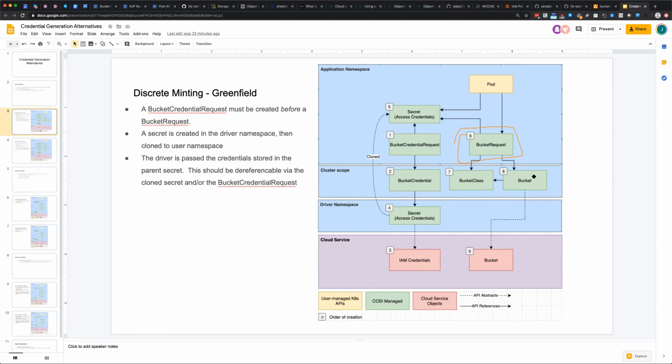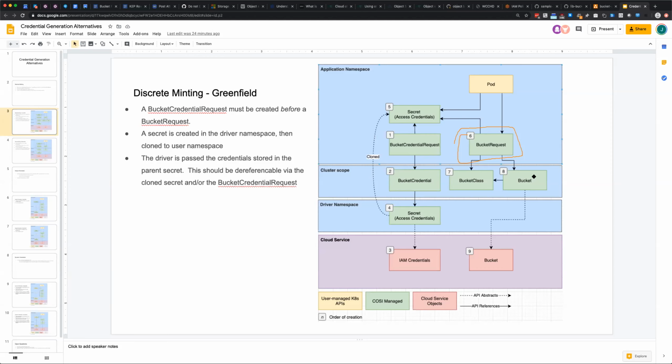Because the bucket credentials coming first, a two-step might be too much, because when you're requesting the bucket, you already know you want a GCS style of bucket, and you're going to get a certain type of credentials. You may actually be getting a file mounted as well. And so I think the bucket request will be enough to imply both what bucket I want along with the class, and then the credentials that I'm expecting.